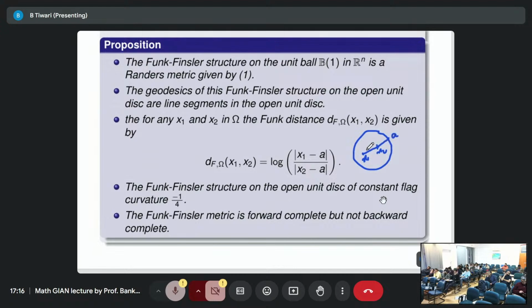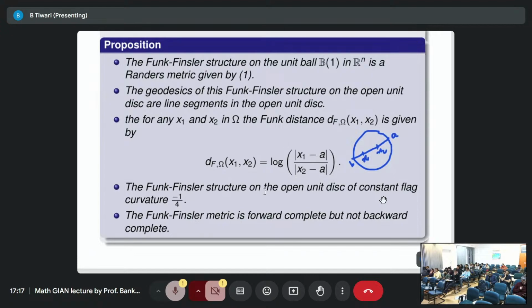It is a forward complete Finsler metric, but the distance from x1 to x2 is not equal to the distance from x2 to x1, because when you compute the distance from x2 to x1, you have to take the ray from x2 to x1, and it will intersect somewhere at the point B, and then you have to take the ratio of x2 to B and x1 to B, right?